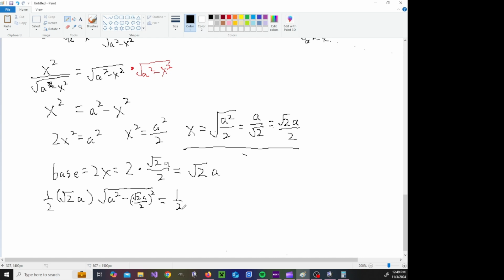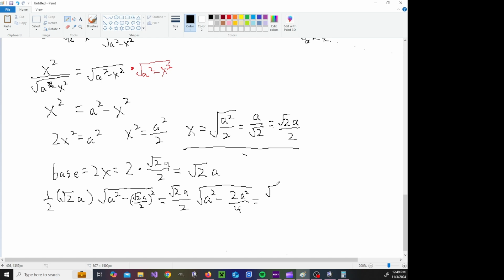So I can rewrite this just to make this a little bit easier to write. Root 2a times 1/2 I can write as root 2a over 2 times this big square root piece, a squared minus, and now when I square this, this is going to be root 2 squared. This is going to be 2 a squared, and then 2 squared is 4.